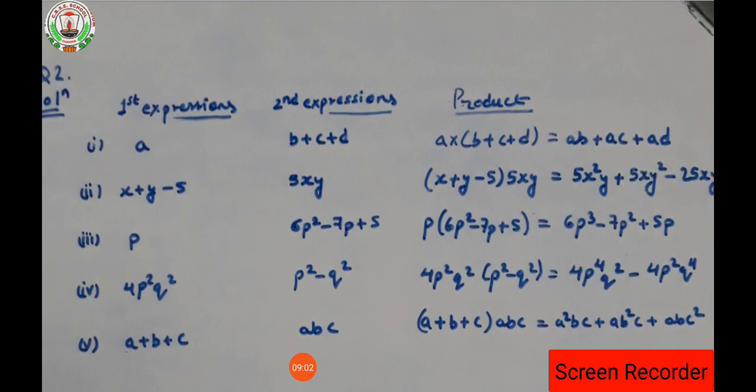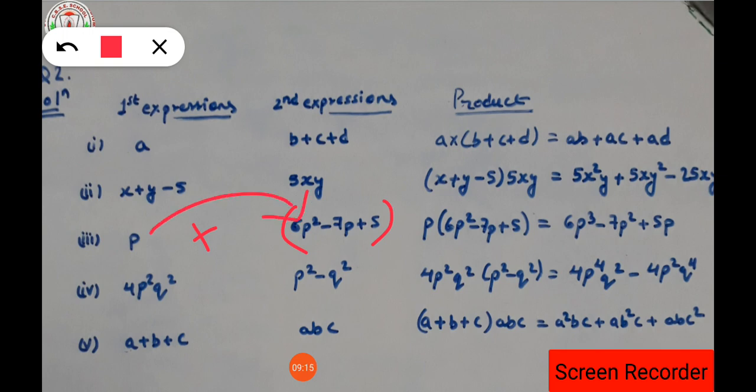Then again this p, the first expression p, will multiply with the second expression, that is 6p square minus 7p plus 5. So p will multiply with 6p square, then minus p is multiplying with 7p, then plus p is going to multiply with 5. So what will the result be?